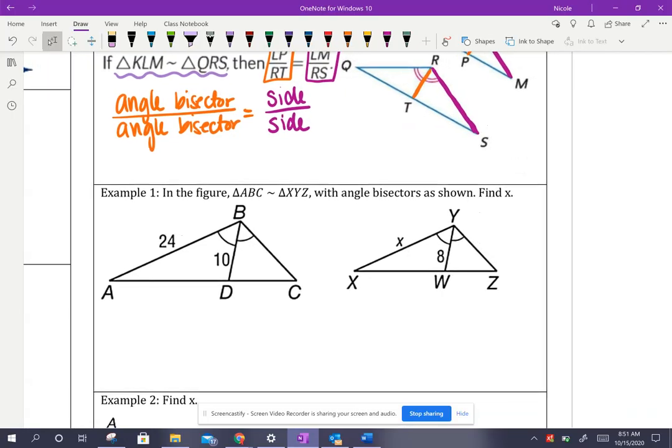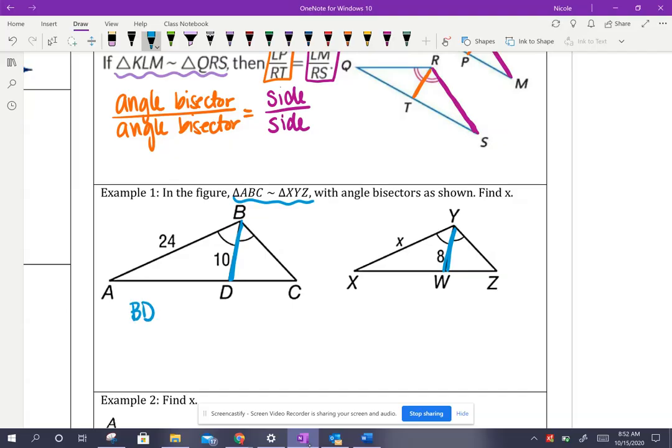So in example 1, we have our two triangles that are similar. It tells us that they're similar here in our given information with our angle bisectors as shown. And we're trying to find the side length of X. So remember, we're going to do angle bisector over angle bisector. So that's BD and YW.